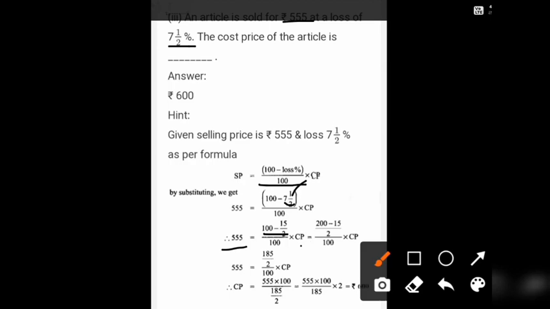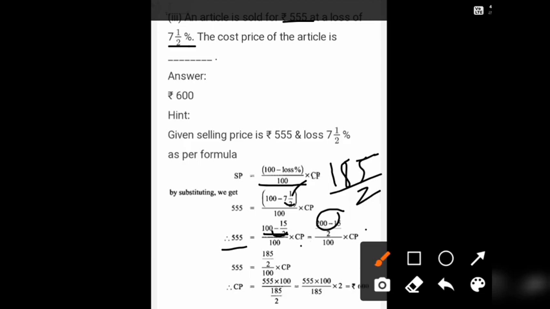Here 100 into 2, you have to take the LCM. 100 into 2, 200. 200 minus 15 divided by 2, whole divided by 100 into CP. So when you are subtracting this, it changes to 185 divided by 2.